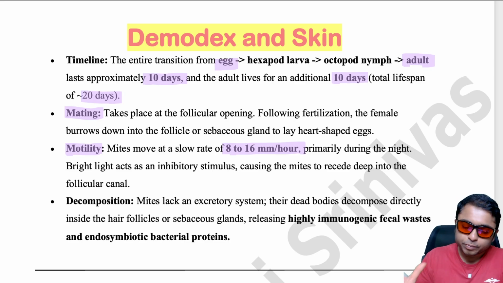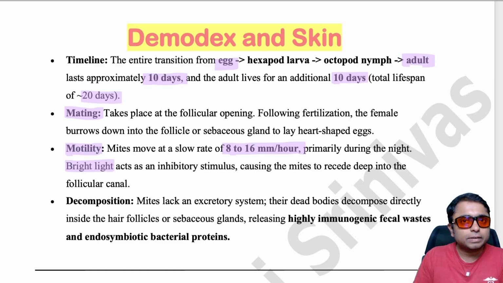It's very, very slow, and that too it likes to roam around only when it is very dark, so there should not be any light. So these are some requirements of the Demodex, right? We want to be in a house with all the amenities like a kitchen, washroom and a TV, Wi-Fi.